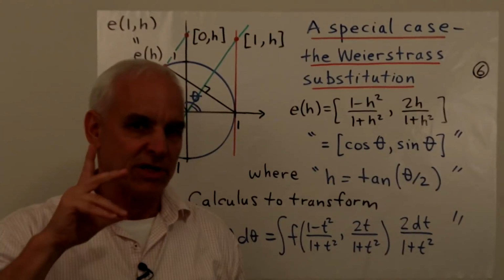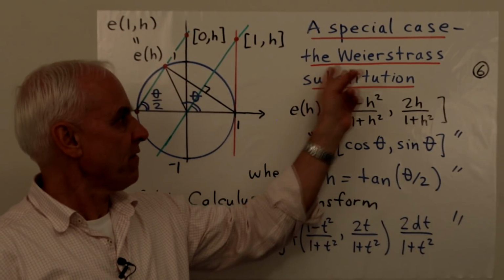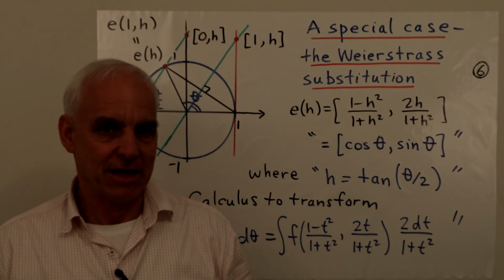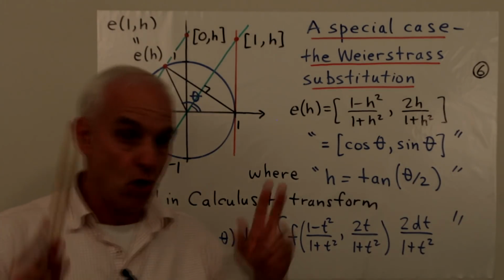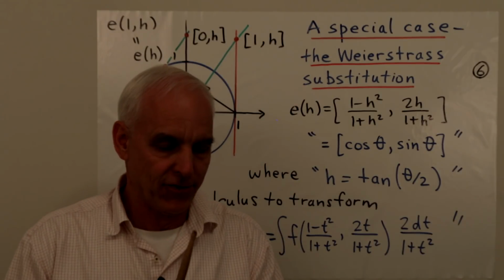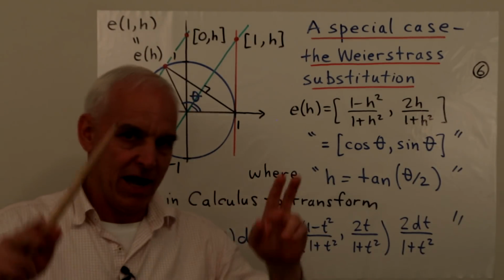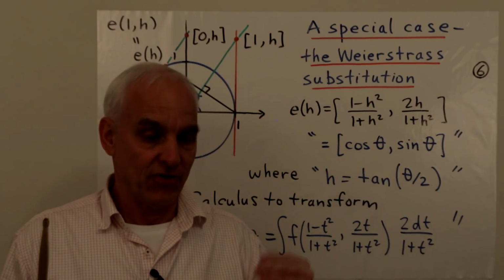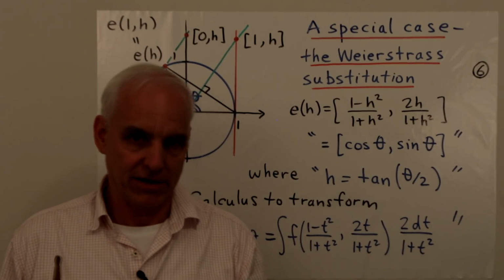So I want to consider a special case of that last picture, which leads to a famous trick in calculus called the Weierstrass substitution, which is used to help us integrate functions involving cosines and sines. Okay, so a lot of stuff that I'm going to say on this page has quotes around it because whenever you're talking about angles, there's a serious risk that you're not talking about something that's properly defined.